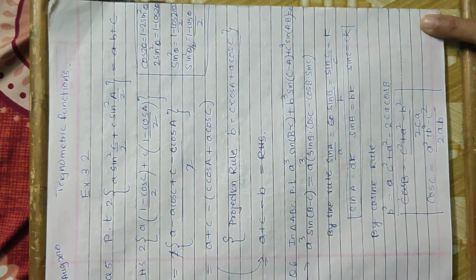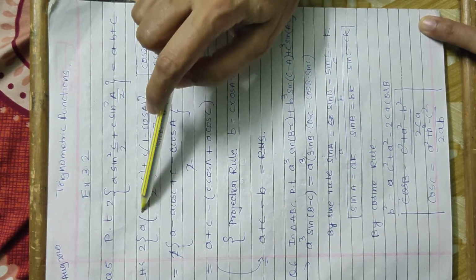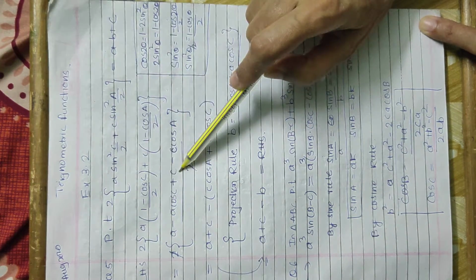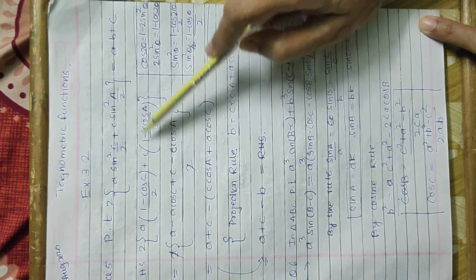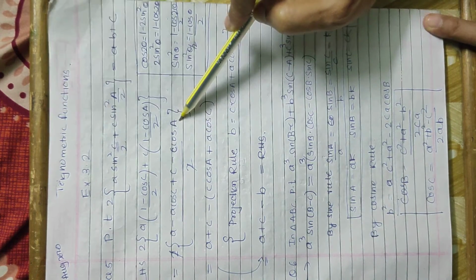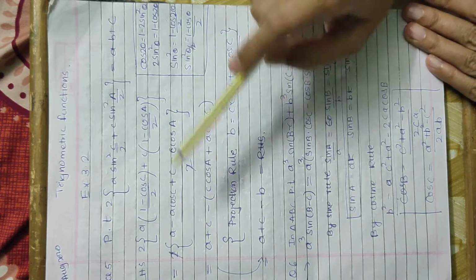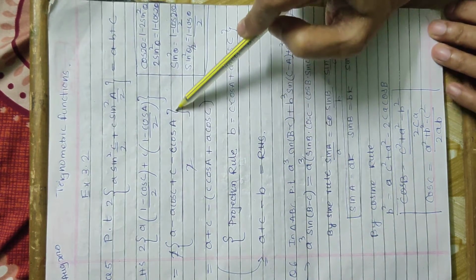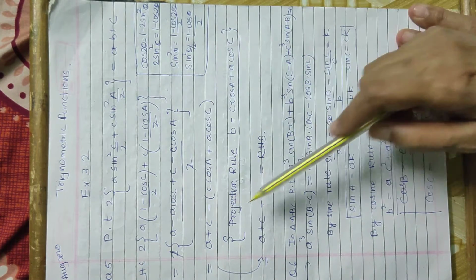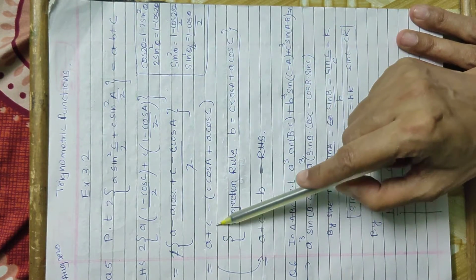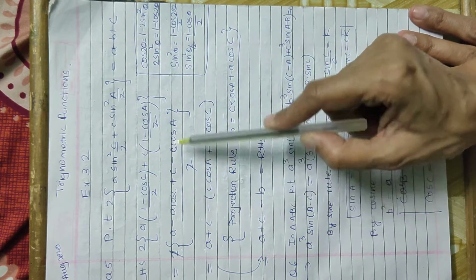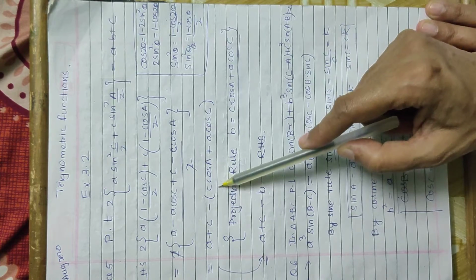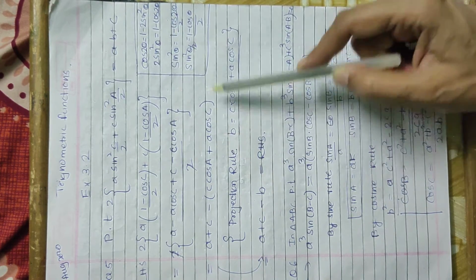Now open the bracket: a minus a cos C plus c minus c cos A. Now adjust the terms: write a plus c on this side, and since both have a minus sign, take minus common and write in the bracket c cos A plus a cos C.